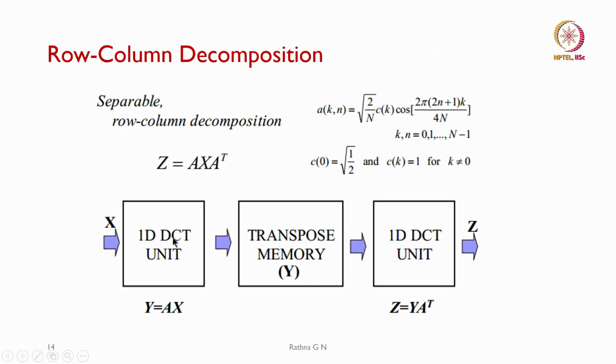Then what happens to our equation? x is the input to the 1D DCT unit. What we are going to compute here is y equal to the first stage, a into x. Then we will do the transpose of the memory of y. Why do we have to do the transpose?